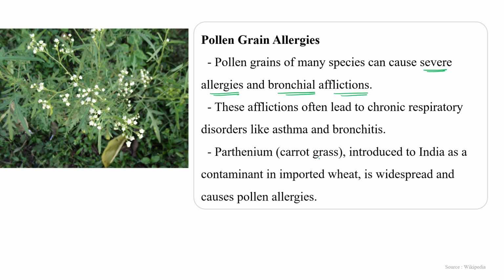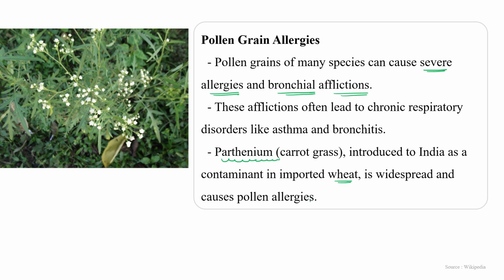A kind of grass known as parthenium, popularly known as carrot grass, was introduced to India as a contamination with imported wheat, and it is the main cause of pollen allergy in most people who are sensitive.